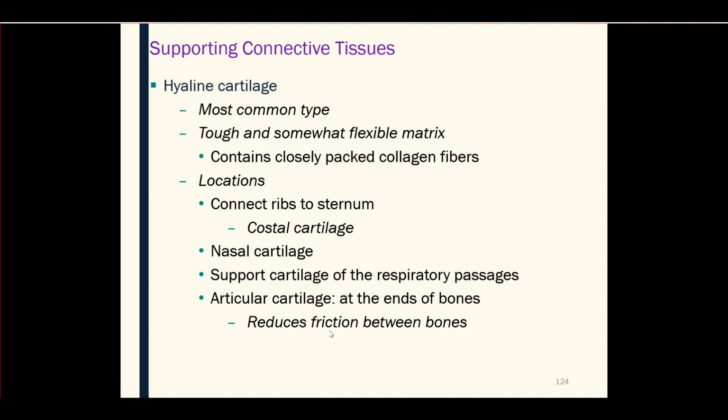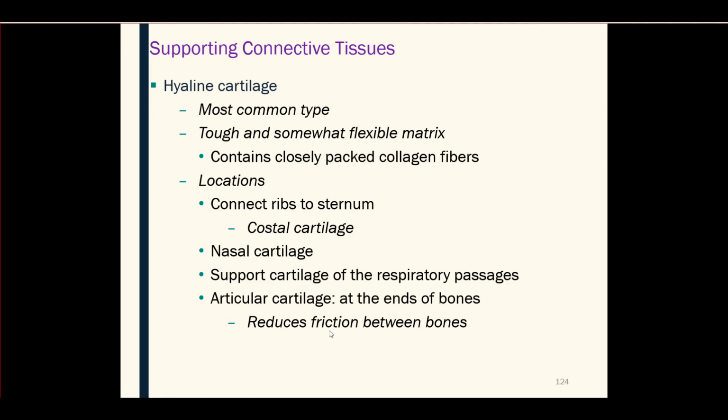And one of the reasons it's tough, it has a lot of collagen fibers packed within it. So again, we know from previous lessons that collagen provides strength. So where do we see it? It connects your ribs to your sternum. If you were to actually follow your rib around to the front, it doesn't directly touch the sternum, right? To the sides of your sternum, what feels like bone is actually hyaline cartilage, and we call that costal cartilage.